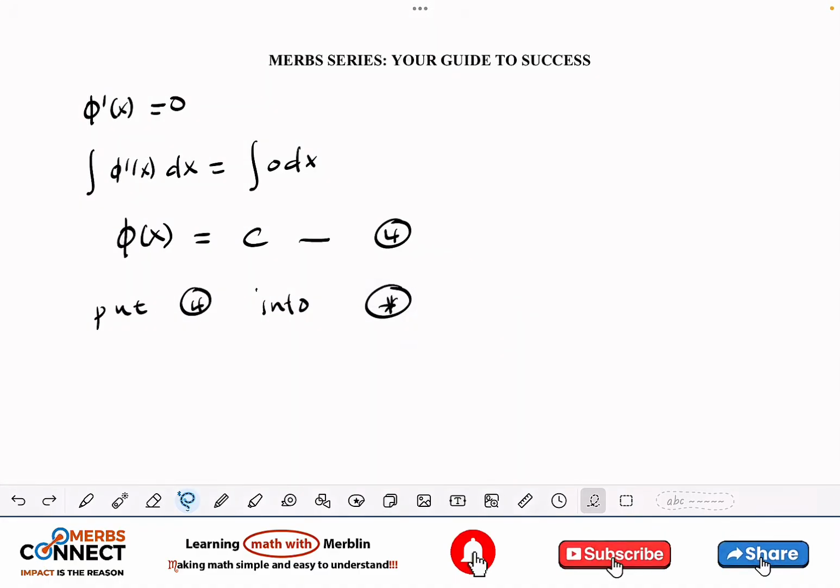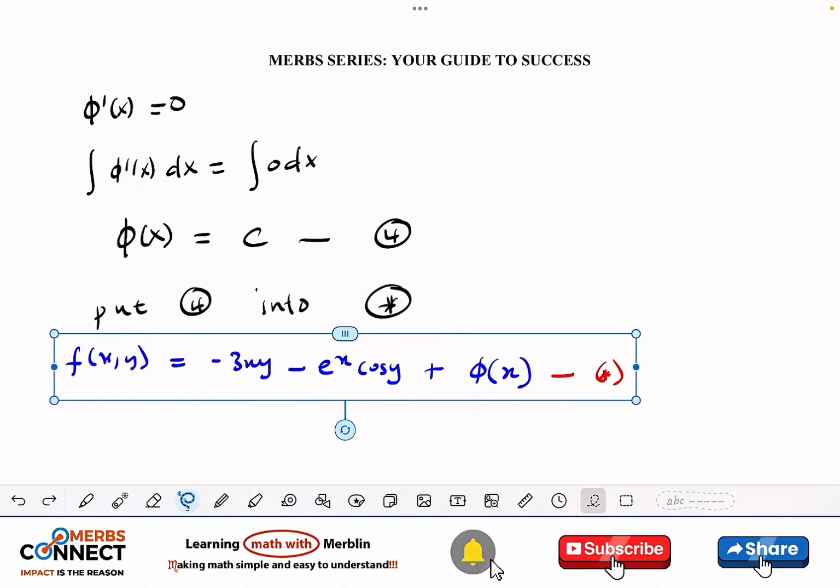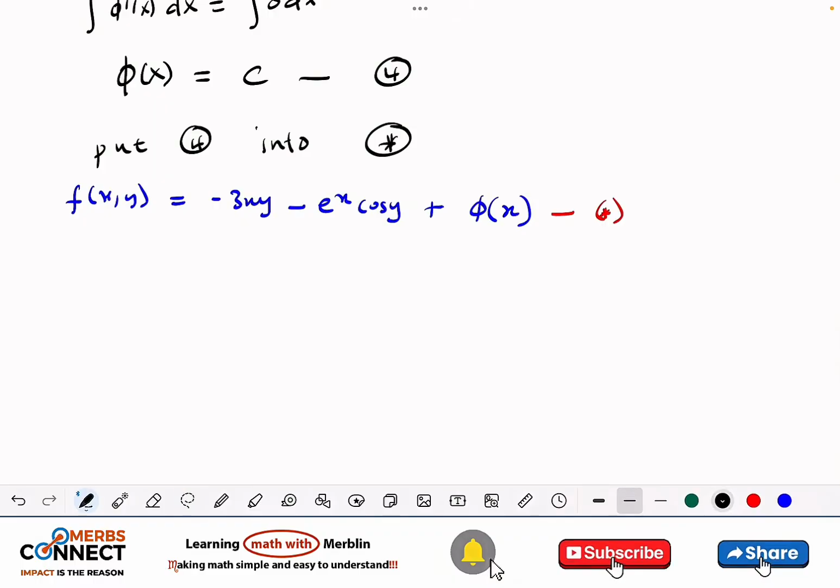Good. So we have equation star. So when I put, I'm going to have f of x,y, which is equal to minus 3xy minus e^x cos y plus, let me make this one c1, so plus c1.